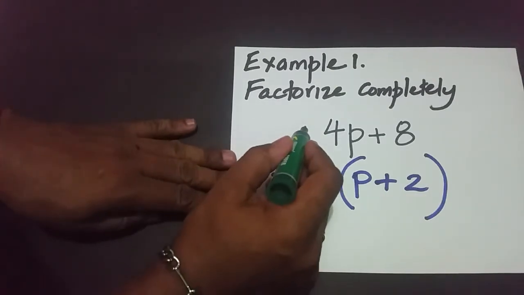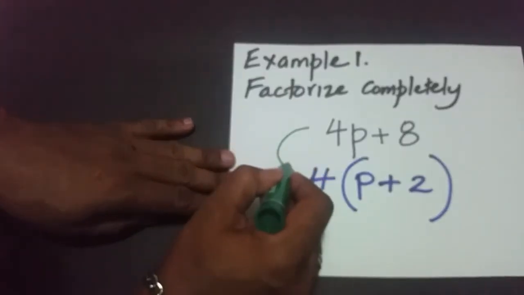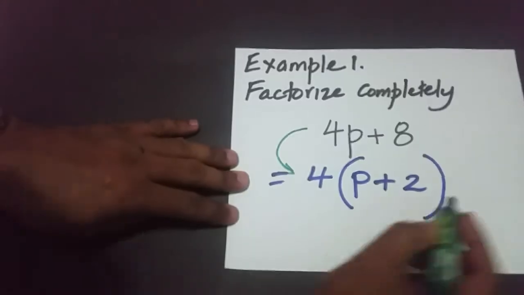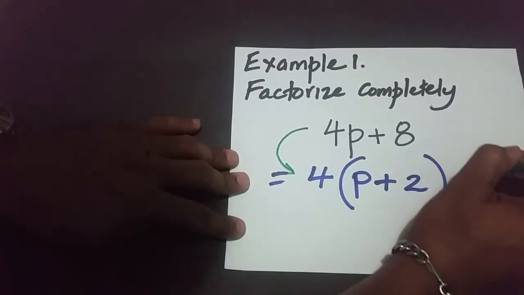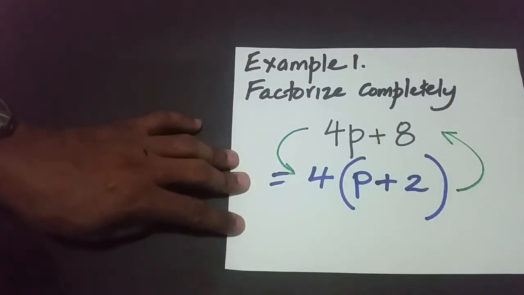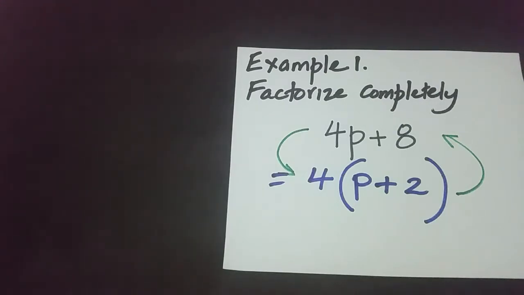So moving from here to here is factorization, and then moving from here to here would have been the expansion. And that is why I said factorization is the reverse or opposite of expansion. And I want you guys to be clear on that.